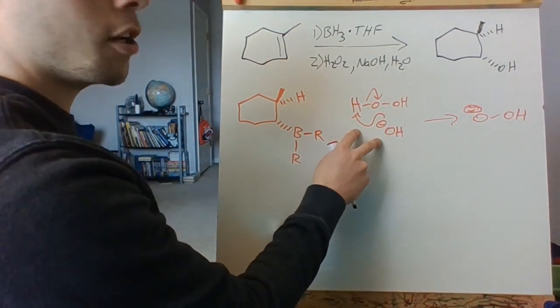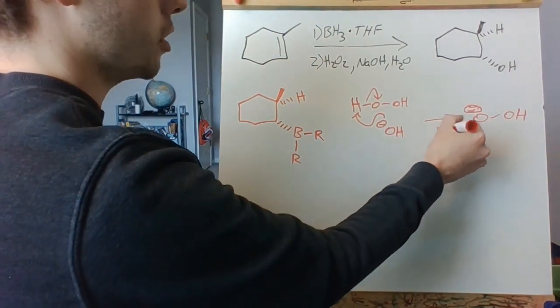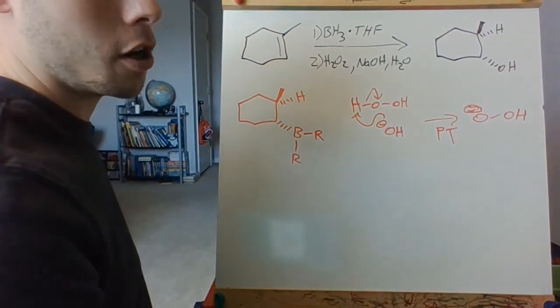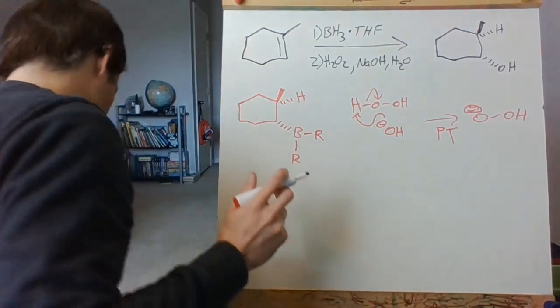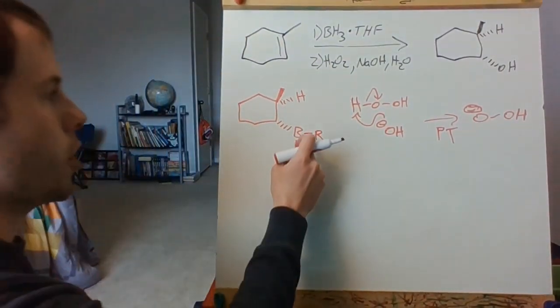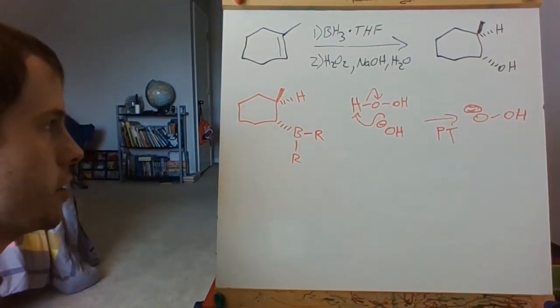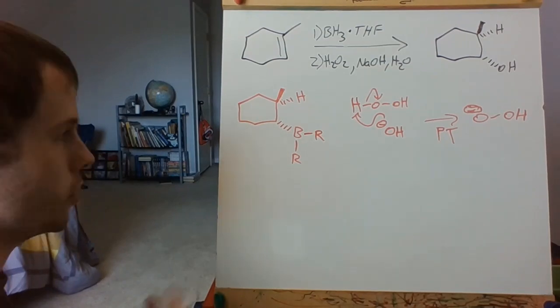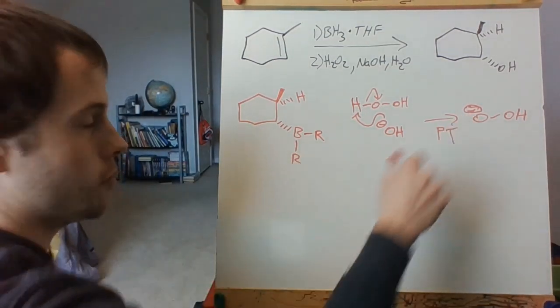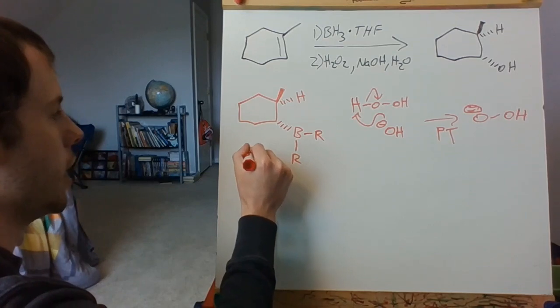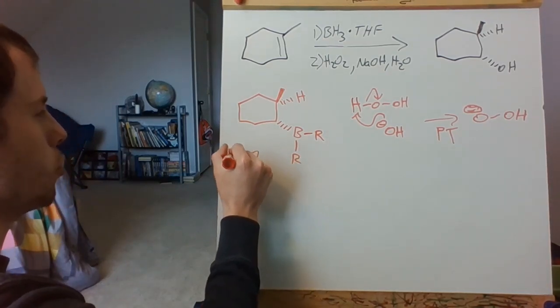So we made water via this proton transfer reaction, and we have a negative charge on our peroxide oxygen. So at this point, remember our boron only has 6 electrons, and it would like to fill its octet, and so this extra pair of electrons can come in and attack our boron.